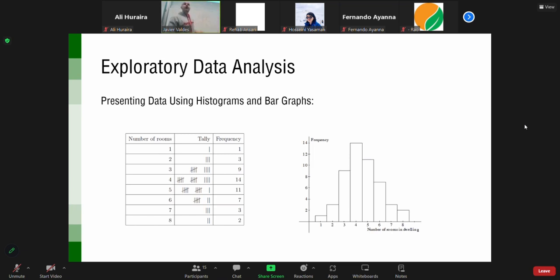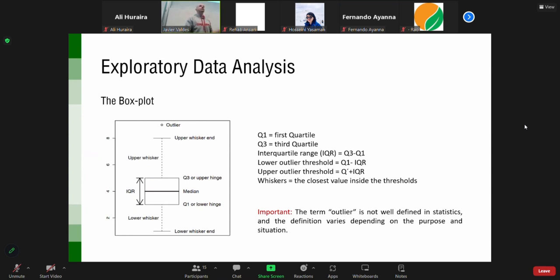So specific graphs tell you different kinds of histories. In a box plot, what we see are the outliers, the upper whisker end and the lower whisker end, which are calculated as the third quartile or the first quartile plus or minus the interquartile range, which is the size between the first quartile and the third quartile.